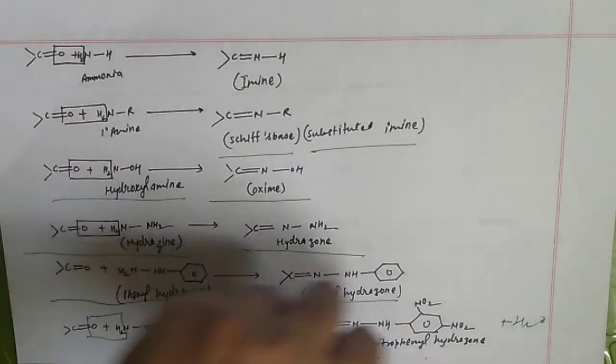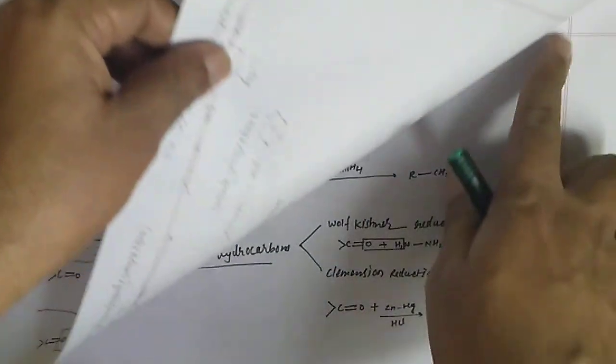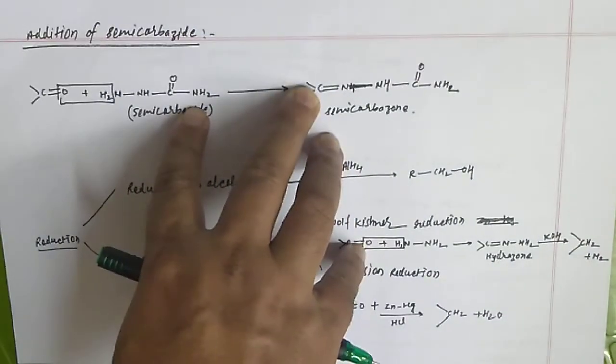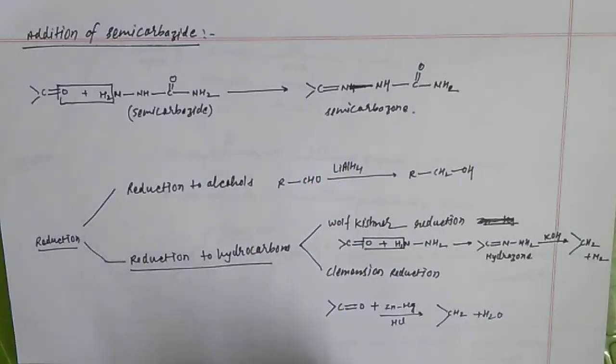Okay, now let us move on to the other chemical properties of the carbonyl compound. Action of semicarbazide. This is a very important reaction, because it is asked in the board exam, where students get confused about how many nitrogen atoms there are. In semicarbazide there are 3 nitrogen atoms.